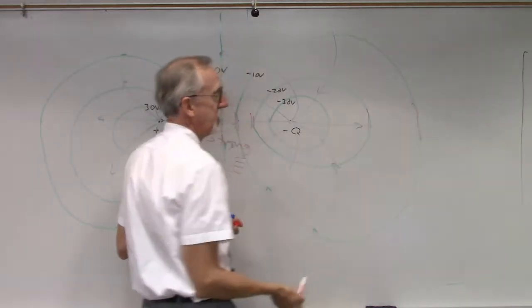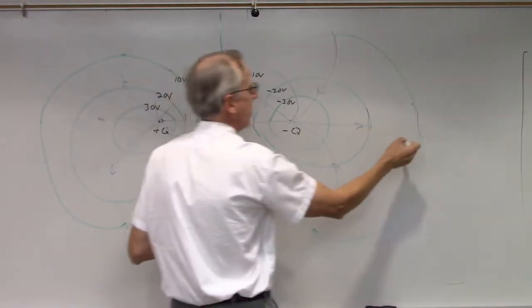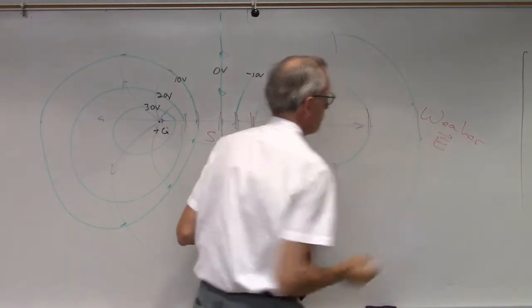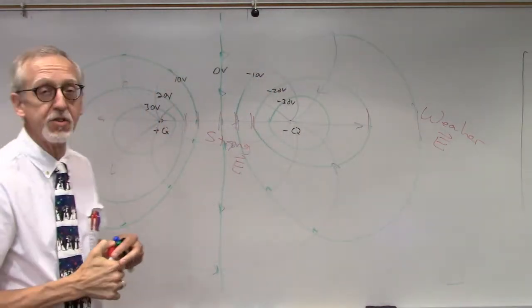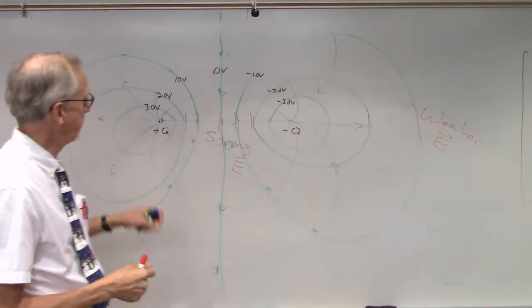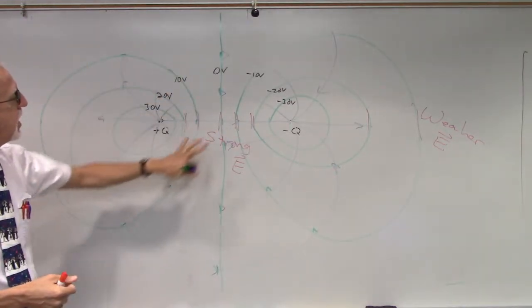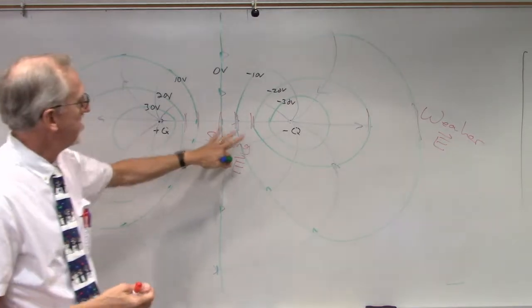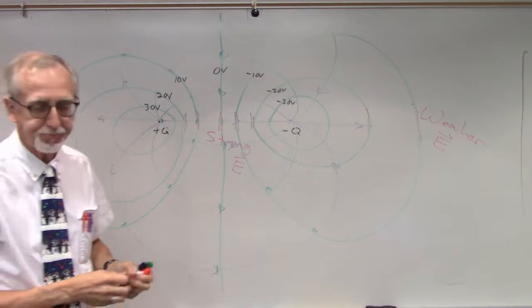Likewise, the electric field lines are further apart, and we have a weaker electric field. When the field lines are far apart, we have a weak field. When they're close together, a stronger field. So there we go. That gives us an idea of what the potential looks like near this dipole.